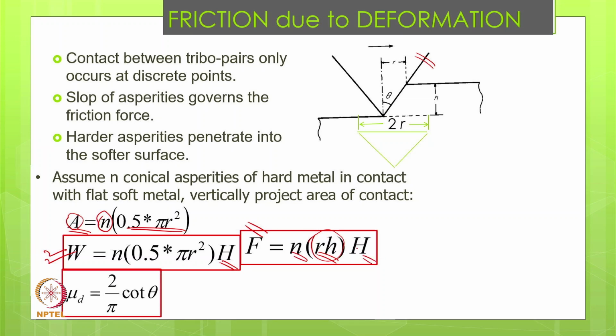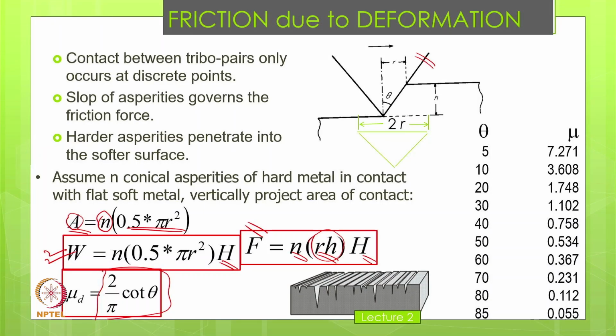If I calculate the coefficient of friction, the ratio F divided by W, it comes out to be something like 2 by pi cot theta, which is the same constant that was calculated for wear, not a friction but a constant. So this constant can be substituted in that equation. However, there is no logic as such; this is a gross approximation, and we are trying to interpret the results.